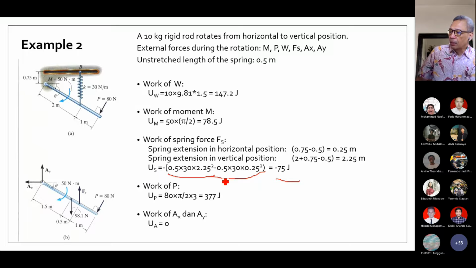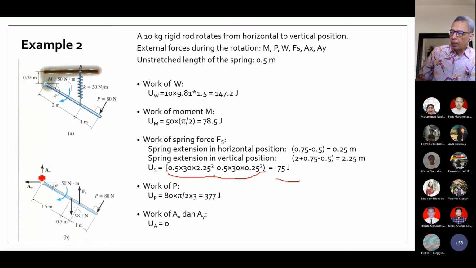Ini sama seperti yang di partikel, karena yang penting kita melihat di mana spring itu dipasang pada benda kaku, bagaimana perpindahan yang dialami oleh spring tersebut, berapa besar inisial ekstensinya, berapa besar regangan awal, berapa besar regangan akhir, itu yang digunakan untuk menghitung kerja oleh spring.